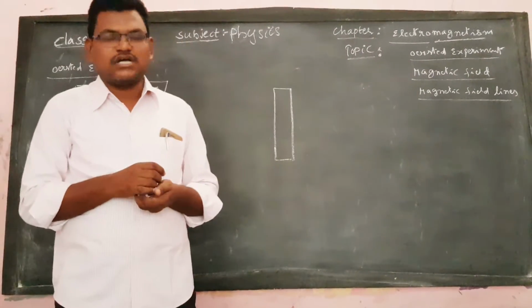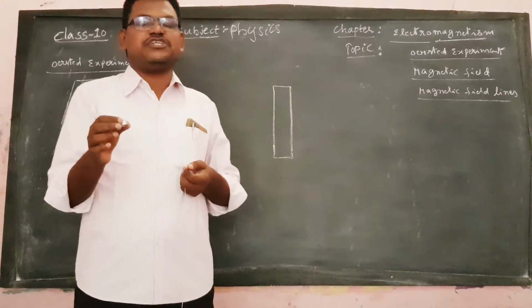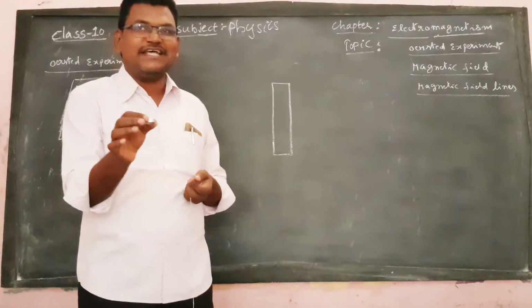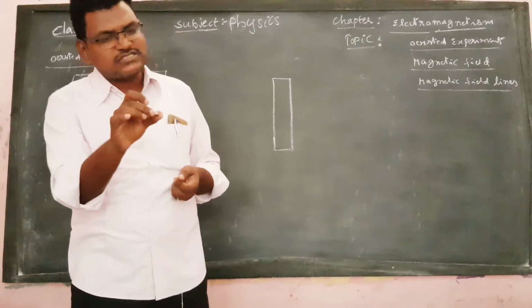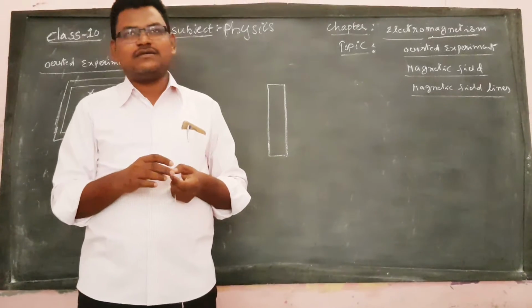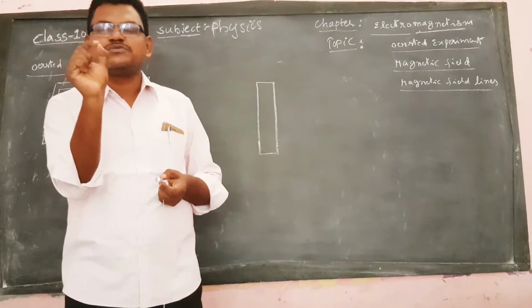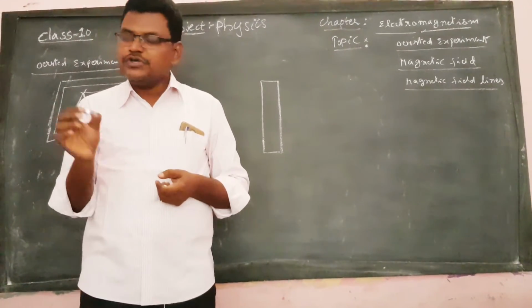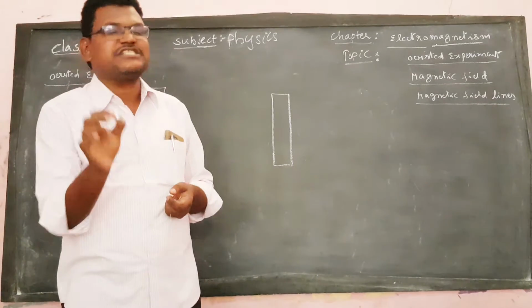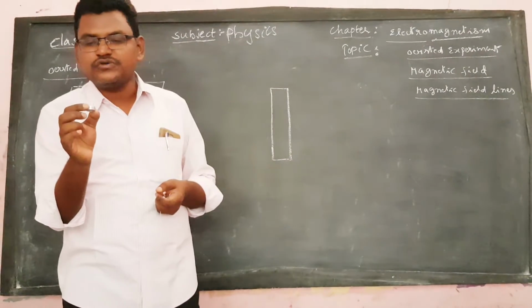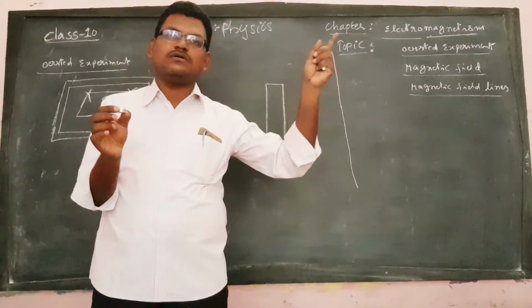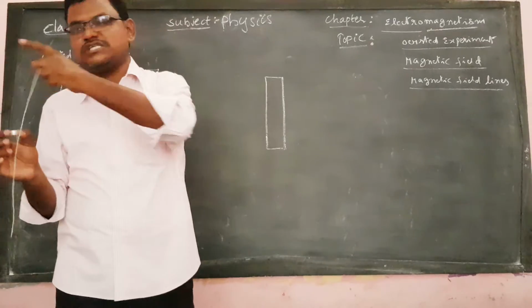We can use this compass box for directionality. In a compass box also, there is a magnet, a small magnetic needle. We use this for direction because it shows the directions of north and south.